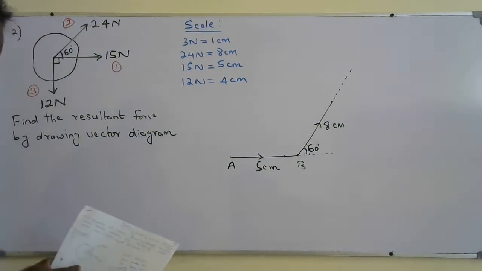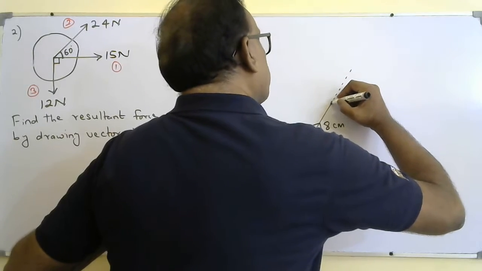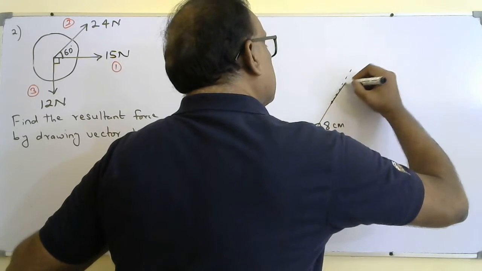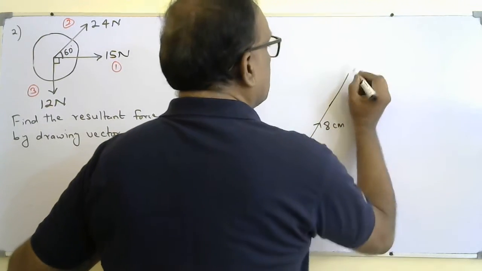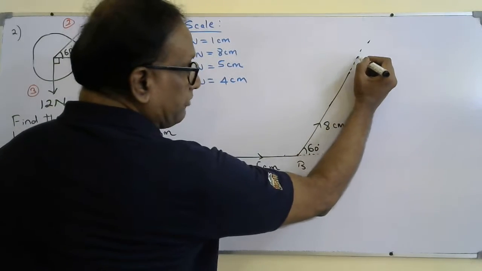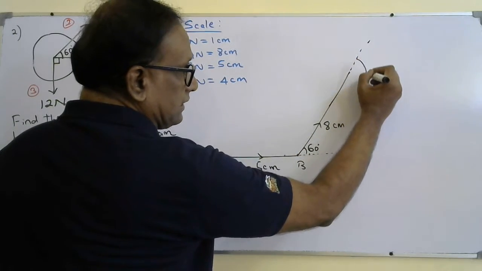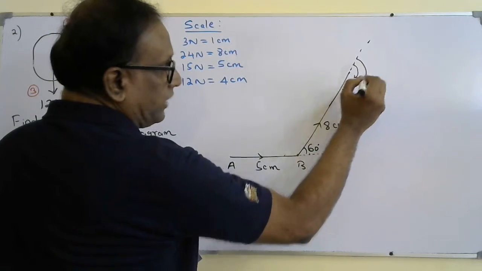Then from that line, measure a little long, it should be 8 centimeter, no? A little longer. Right. So from this extrapolate it. Then measure 150 degrees. So keep your protractor here and measure 150 degree in this direction, clockwise direction.